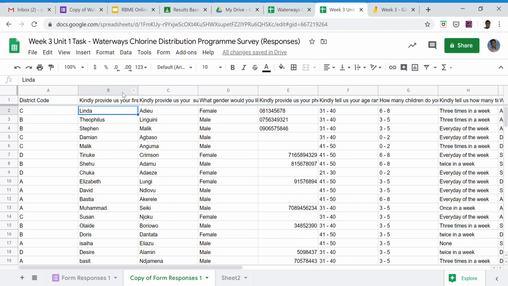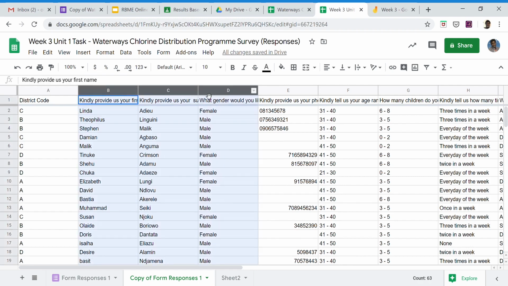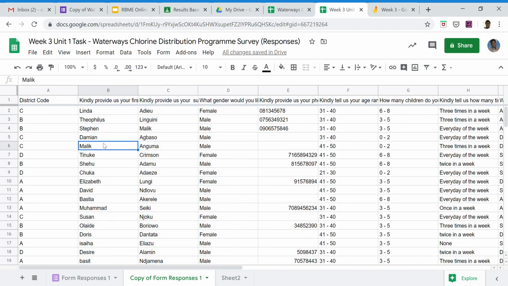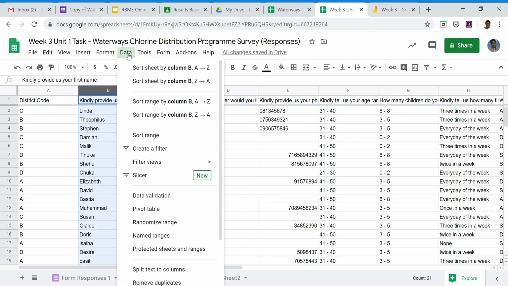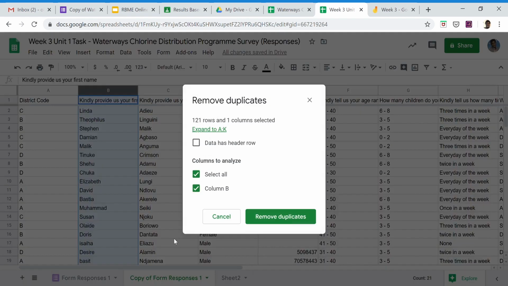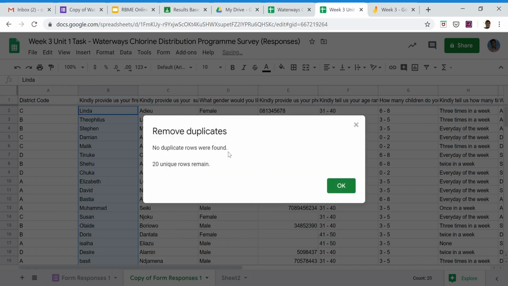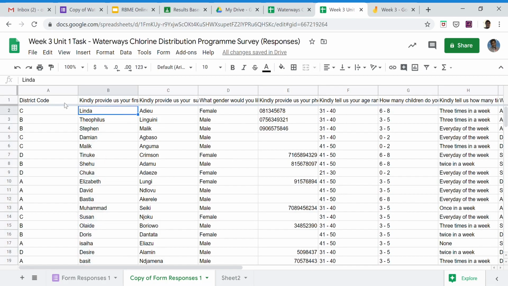What I can do is click on this, go to data, and look for duplicates if there are any. If I select all the rows and all the columns, it says no duplicate rows were found, so I'm okay.